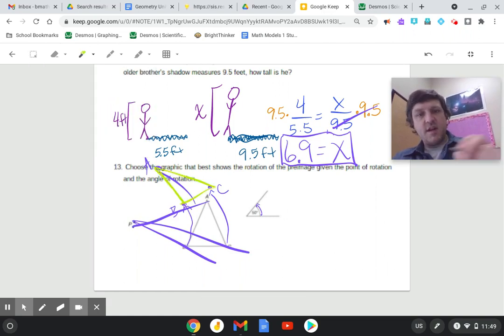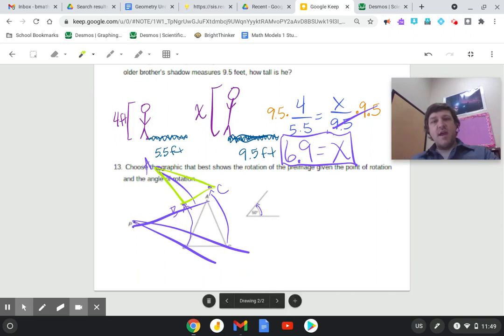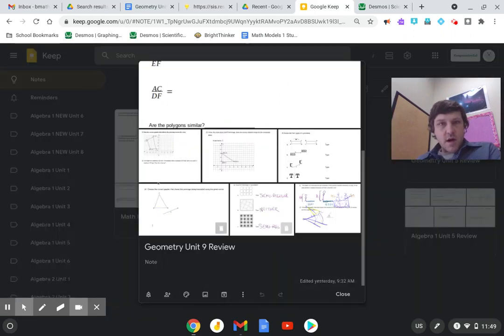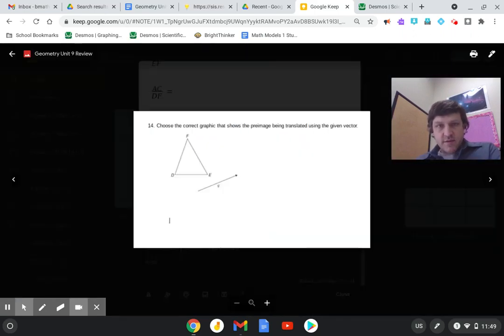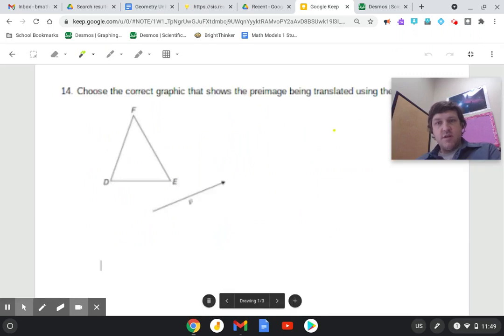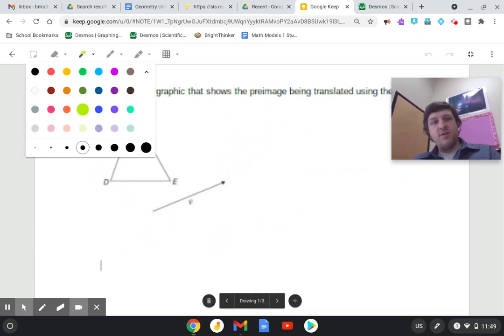What you need to do is visualize whether this shape has been rotated 50 degrees in a certain direction, and pick the image that matches that information. All right, next one is a translation. Similar idea: you're given the starting graphic, and then you have to choose the correct response from a set of options.